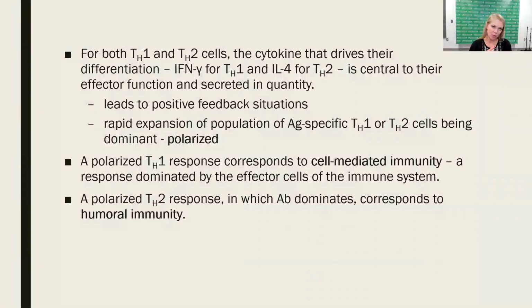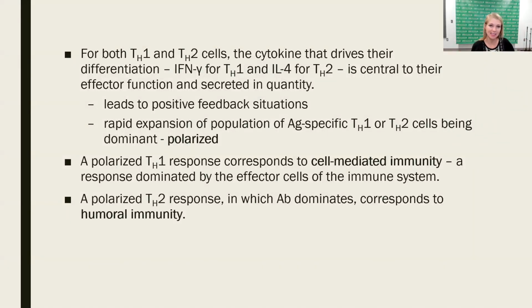For both T helper 1 and T helper 2, the cytokines that drive their differentiation, so interferon gamma for T helper 1, IL-4 for T helper 2, not only did they drive the production of those effector cells, but they're also produced and secreted by the effector cells.